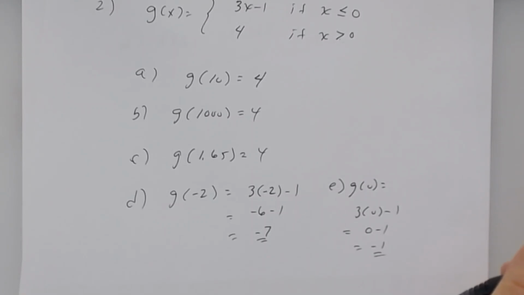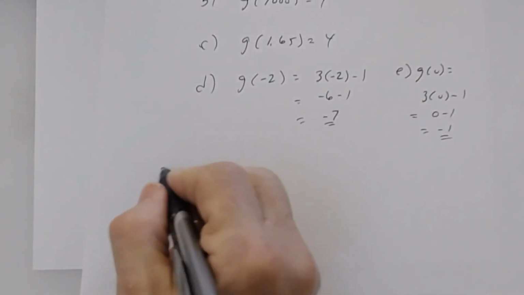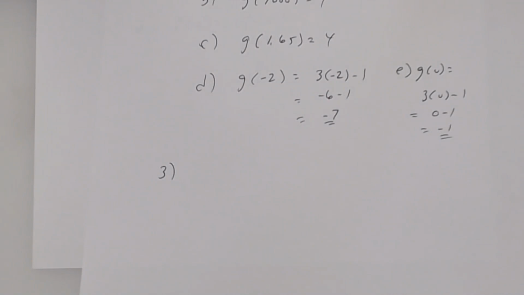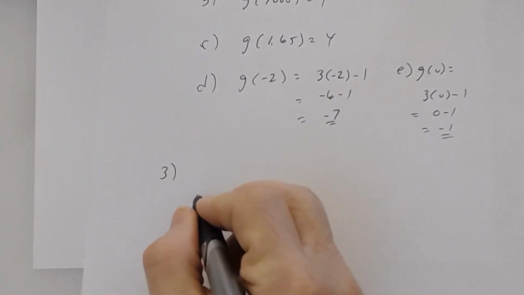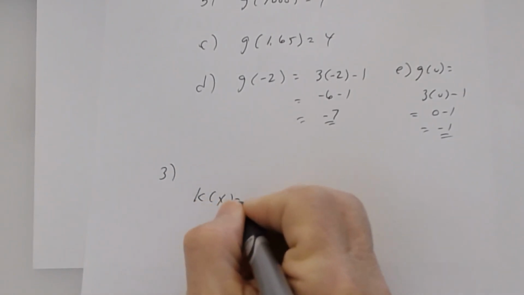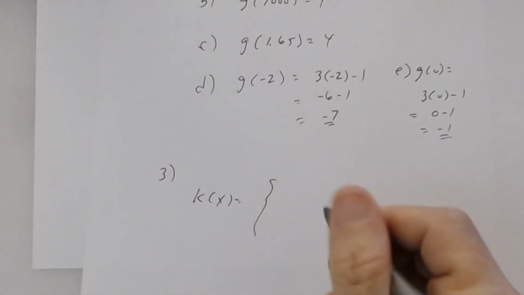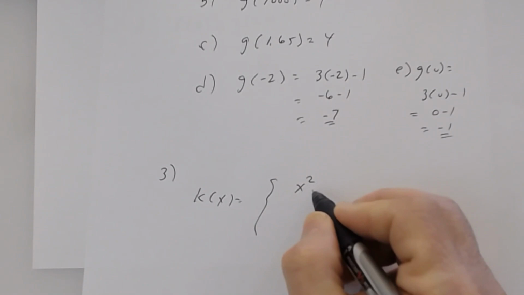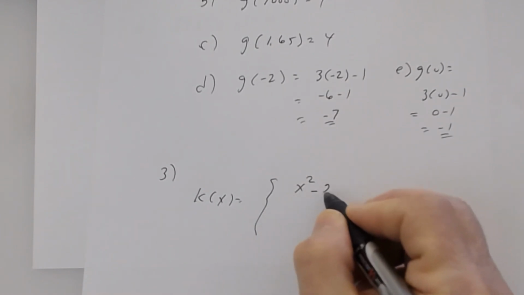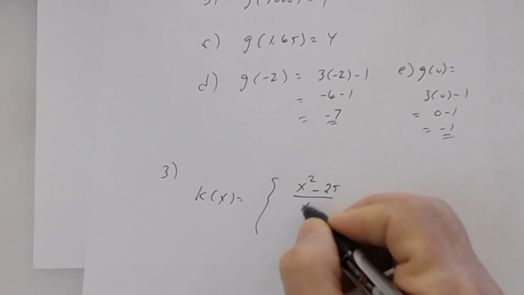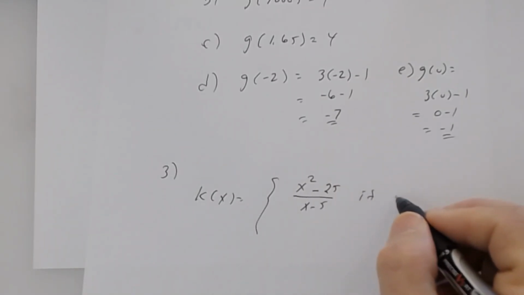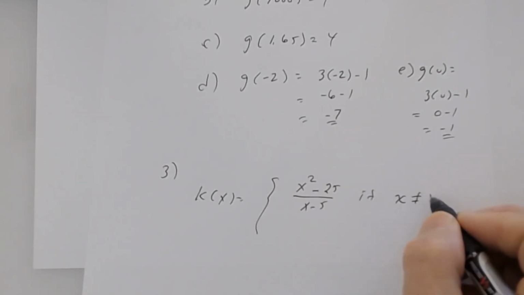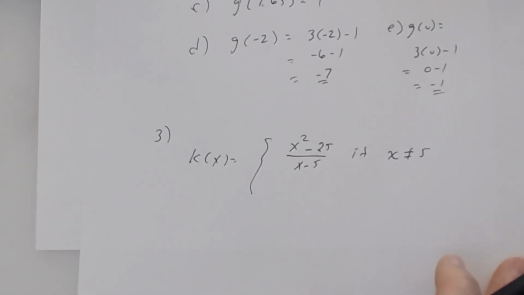Now, on the worksheet, there's one like this. I'm sorry, I forgot. Listen carefully. Let's suppose that k of x was this piecewise: x squared minus 25 divided by x minus 5 if x does not equal 5, just put that right now.